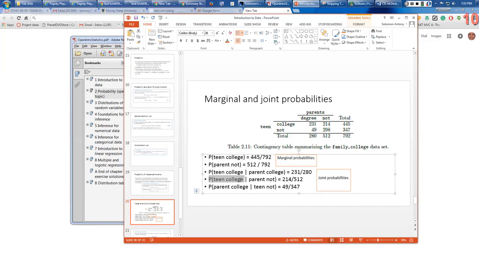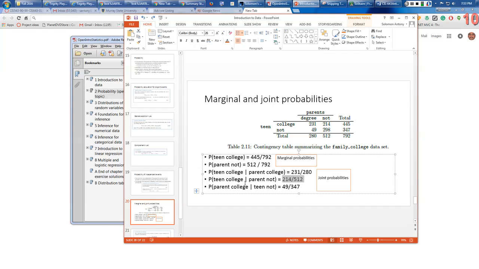Similarly, for the probability of teen attended college given the parent did not attend college, you look at the parent not column, where 512 is the total, and teen attended college is 214. So it is 214 over 512.